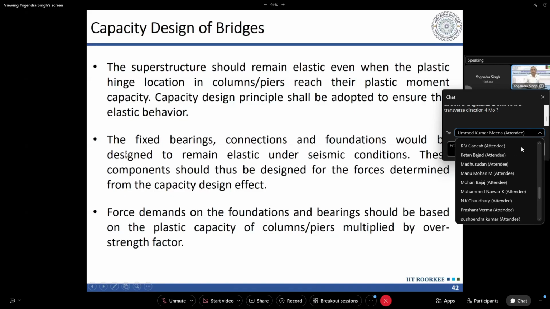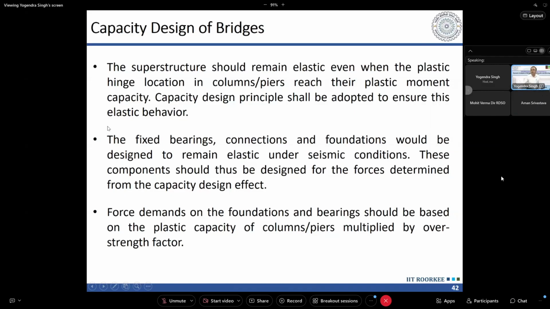Similarly, the bearings and connections are also to be designed to remain stronger than the pier. Whatever maximum capacity of the pier is there to resist the force, we calculate that, and we design bearings and connections for a force slightly higher than that.